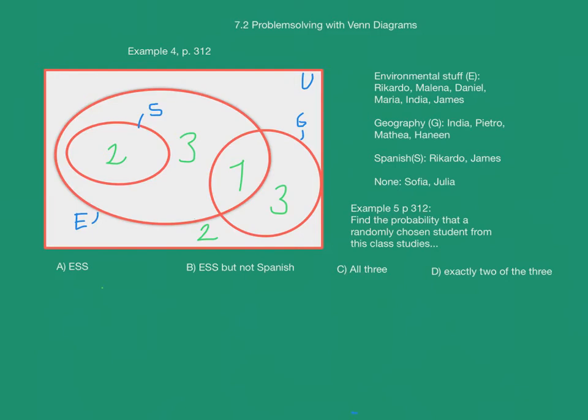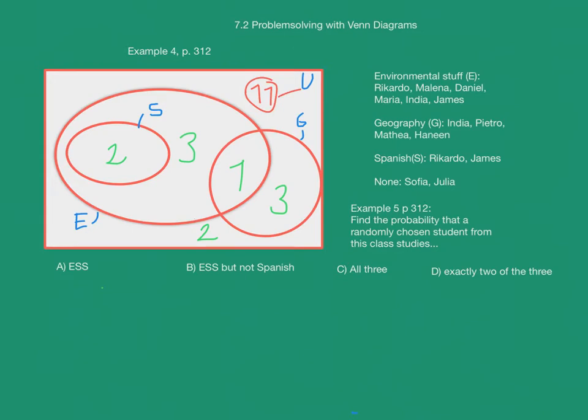So the total number of students here is, let's see, 1, 2, 3, 4, 5, 6, 7, 8, 9, 10, 11. Right, so we have 11 students altogether in the universal set.